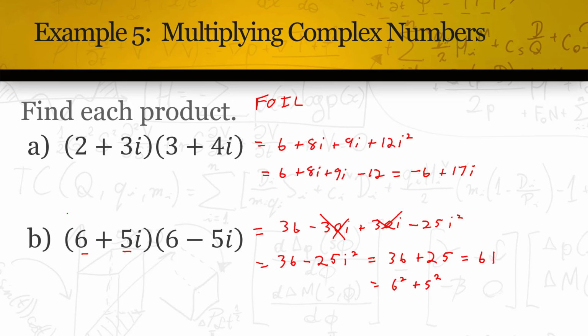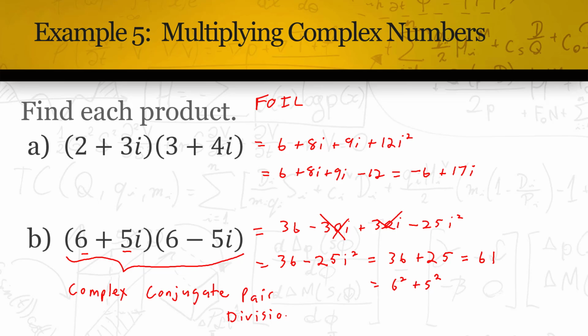And this actually is a very special pair of numbers. We actually call this the complex conjugate pair. And it is very handy in a number of operations in complex numbers, particularly the area of division.